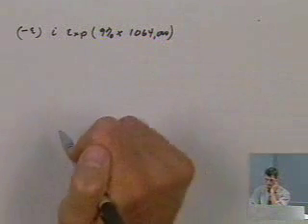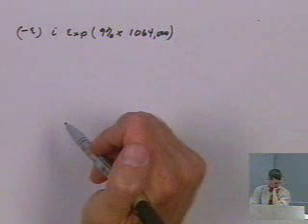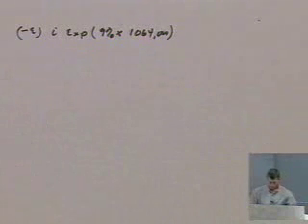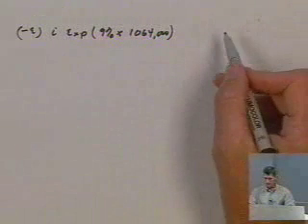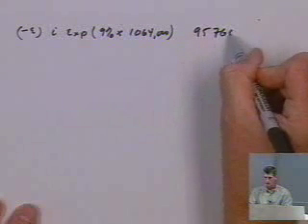Again, and they sold 1,000 of them. So we do that multiplication, and we get 9% times 1,064,000, which is 95,760.